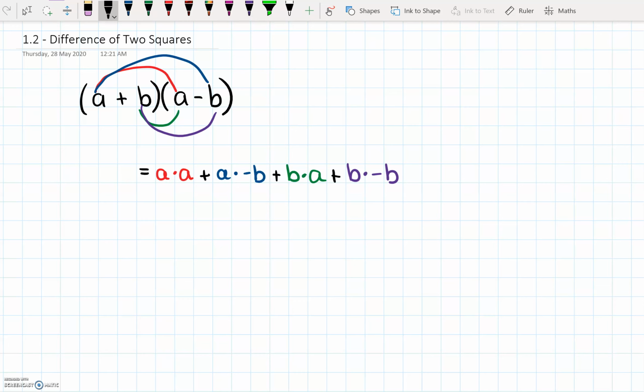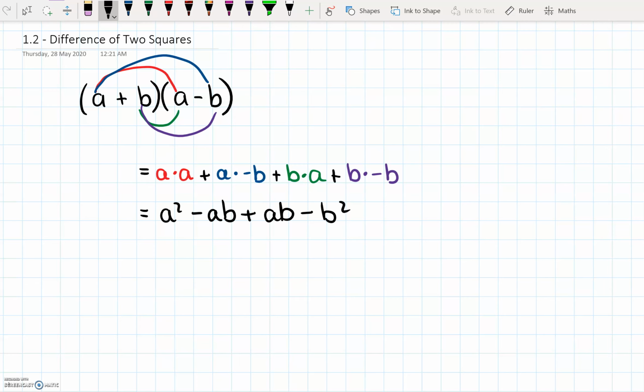All right, let's simplify all of this. A times A is A squared. A times negative B is going to be minus AB. B times A, remember, we always write them in alphabetical order, so do not write BA. We should be writing plus AB. And then we have on the end B squared, but it's also going to be negative, so minus B squared.